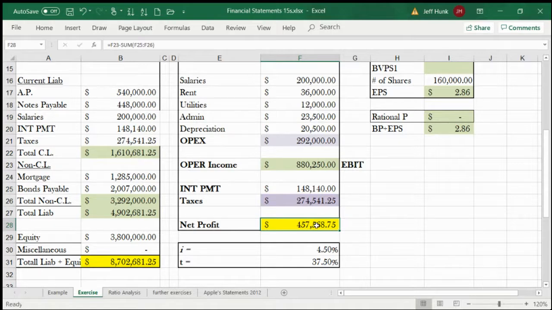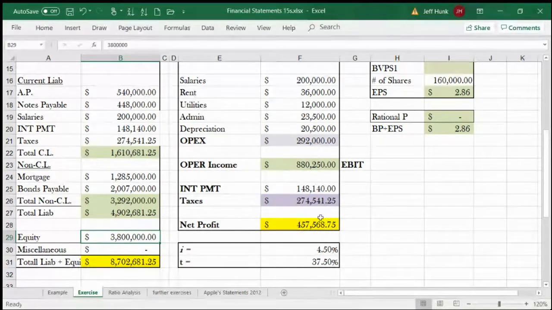So think about it. Equity is the paid-in capital, right? That means at time 0, the shareholders, the equity holders, paid in $3.8 million. They bought stocks worth $3.8 million, through 160,000 shares. So that's paid-in capital.